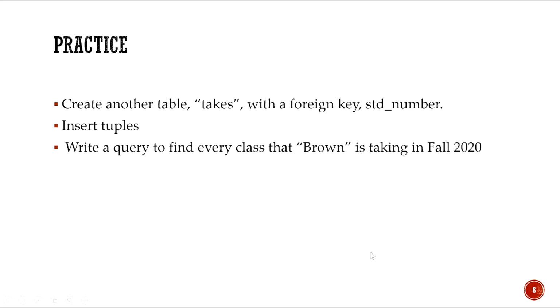You can go with different examples, whatever you want. And now you write a query to find every class that Brown is taking in fall 2020. So this is a good practice to work with Python syntax when we are importing SQLAlchemy, but it is very similar to what we discussed under the SQLite3 library.